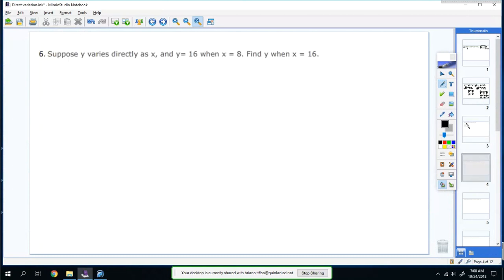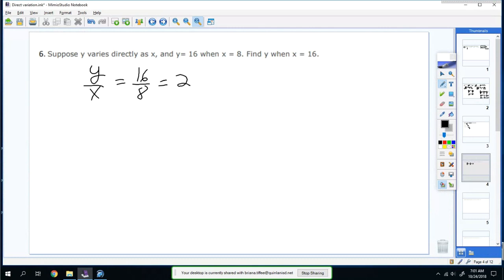Okay, suppose y varies directly as x and y equals 16 when x equals 8. You find y when x equals 16. So there's a couple ways I can do this problem. And you have y over x, so that means you have 16 over 8, which equals 2.